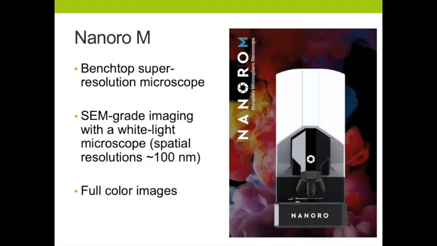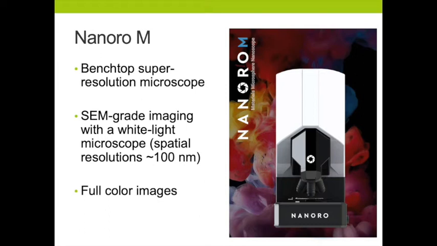The second technology I'd like to discuss is a benchtop super resolution microscope called the Nanoro M, which is manufactured by LIG Nanowise, a UK-based company. They have a white light microscope with a specialized objective that allows you to obtain ultra high resolution images. Typical resolutions are about 100 nanometers per pixel, far better than what you would normally expect from a white light microscope.